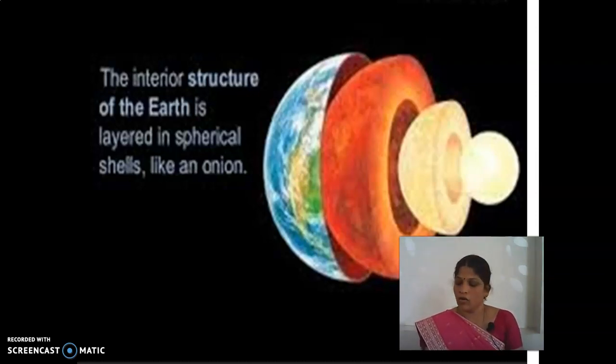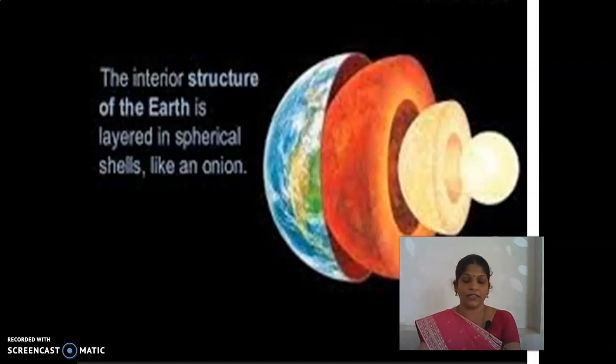Okay. So, after a study of various sources, geologists came to the conclusion that the earth is not made up of uniform materials. It is made up of 3 layers in the form of concentric shells. The density of the rocks increases with depth towards the center.